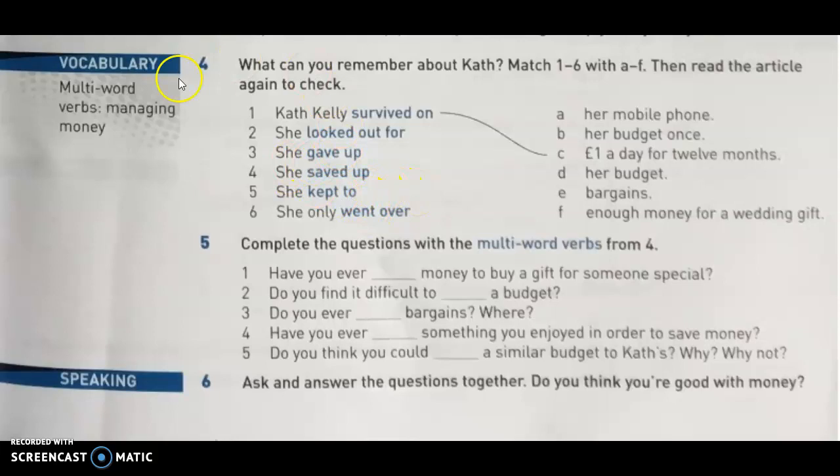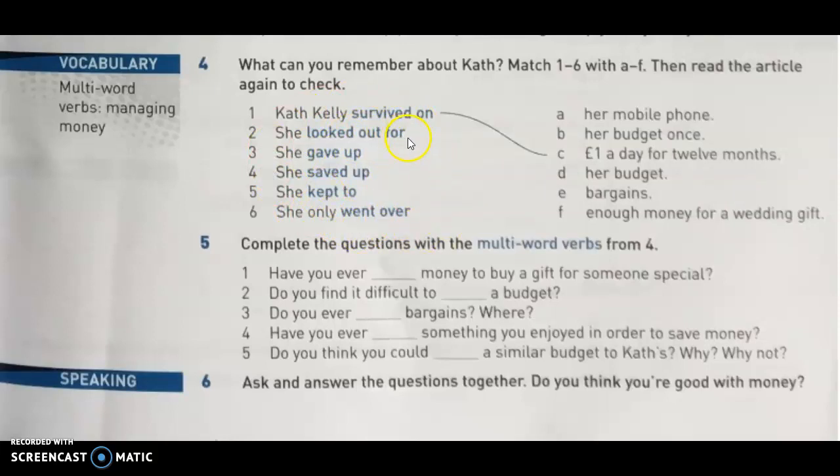And then they can read their article again and just check their answers, or you can confirm whether they were right or wrong and show them where the information is in the reading text. Now you need to cover the rules of meaning, form and pronunciation for these multi-word verbs.